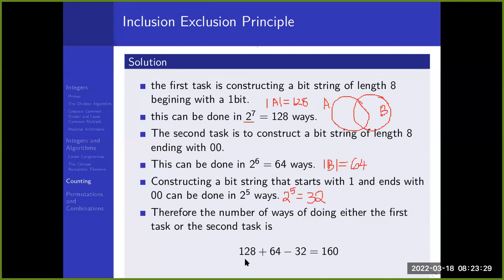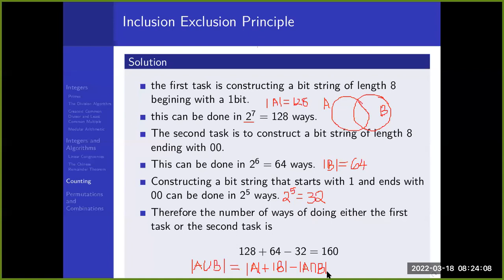Then we're applying the inclusion-exclusion principle, which says that if you want to find the number of elements in the union, so you're looking for all the bit strings which either start with a 1 or end with 2 zeros, it will be the number of elements in A plus the number of elements in B minus the number of elements in the intersection of A and B.